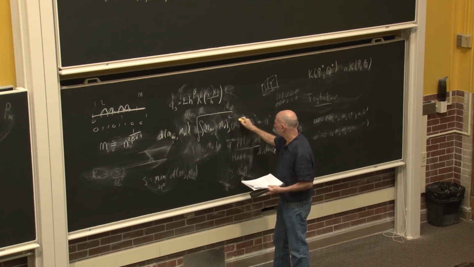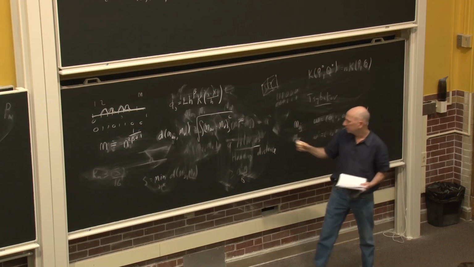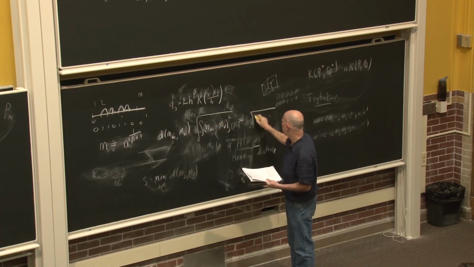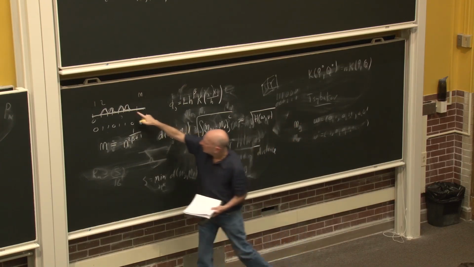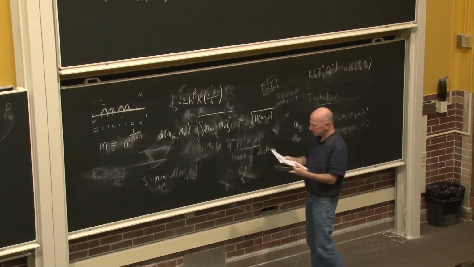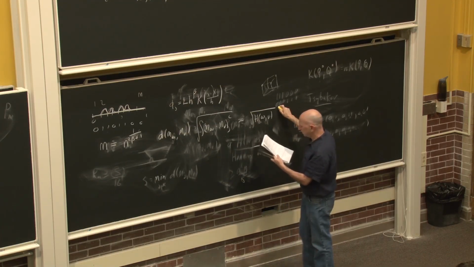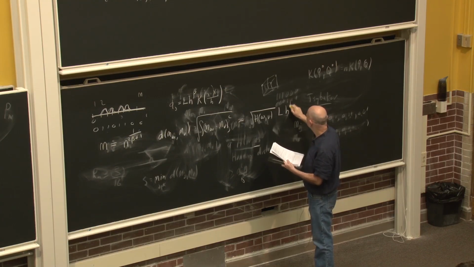It's the Hamming distance times the L2 norm of the bubble, which it's not hard to see turns out to be L h to the beta plus a half.